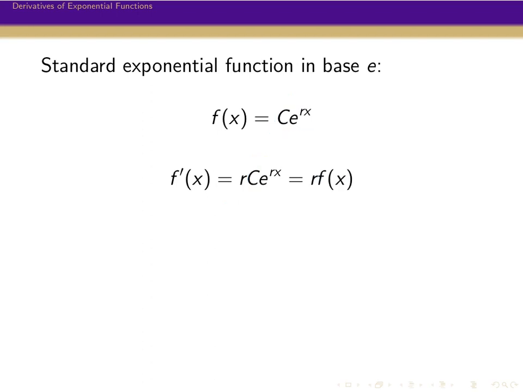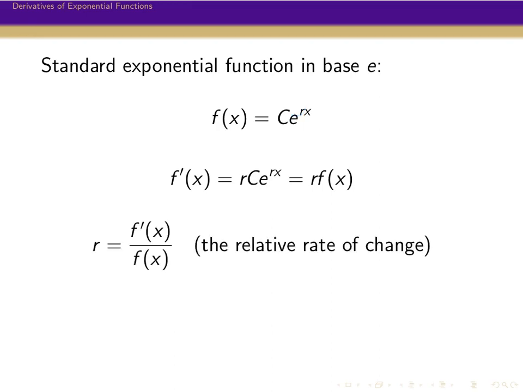So the value of the derivative here just is the function again times r. So we have f prime of x is equal to r, where r is the coefficient of x inside f of x, times f of x. Well, if I want to solve for r here, r is going to be f prime of x divided by f of x.